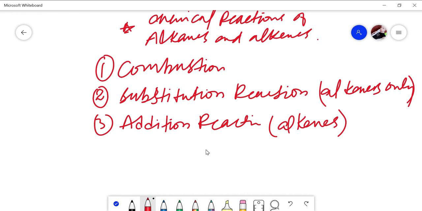Mainly we'll talk about these three reactions: combustion, substitution reactions, and addition reactions.